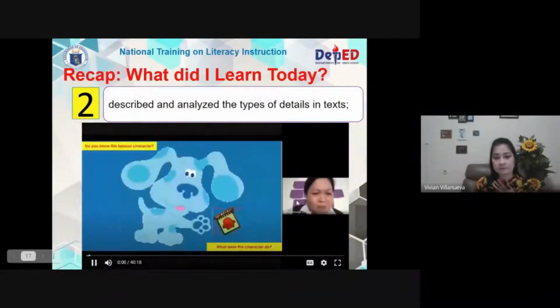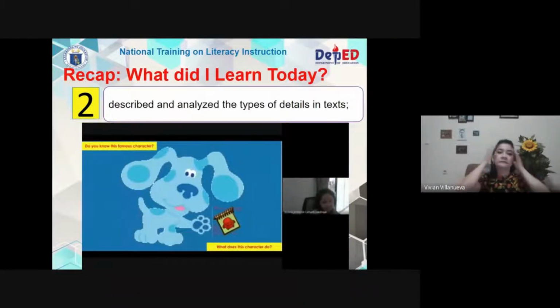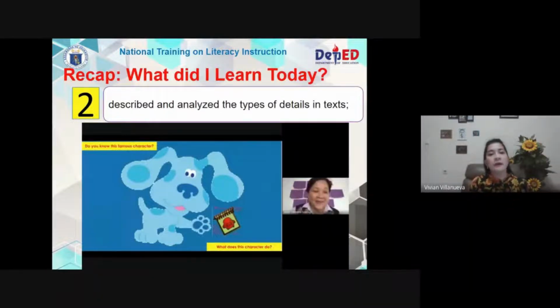Blue was called blue because here's the color blue, because of the color of this animal. Now, sometimes we use the literal sense of what we can see as we understand the text.